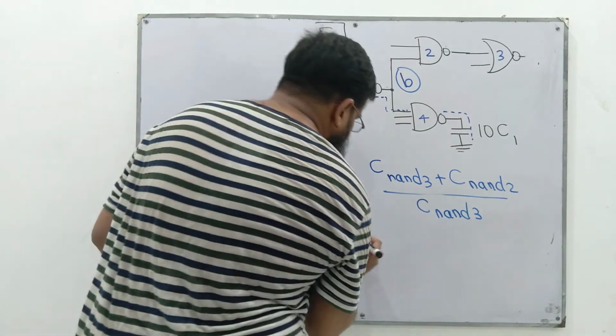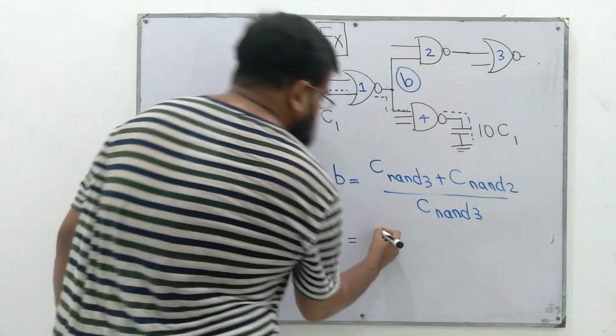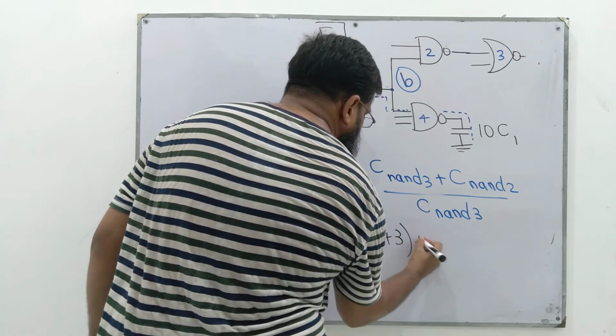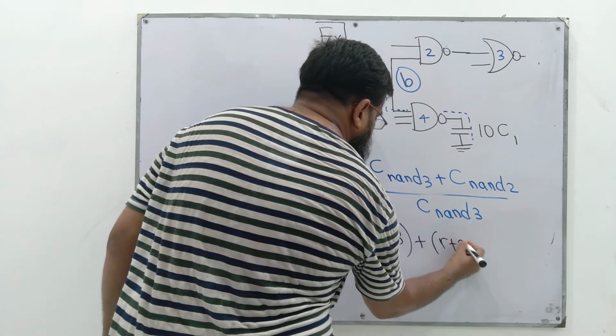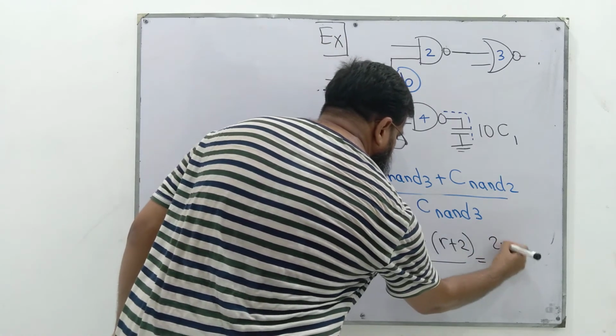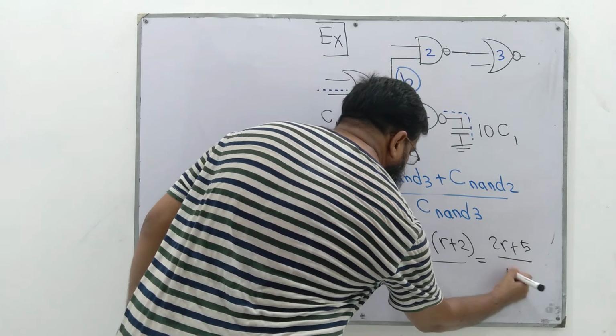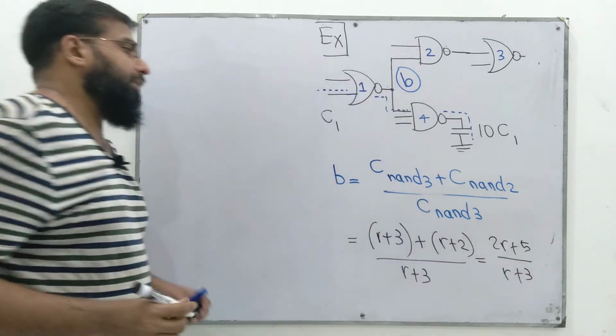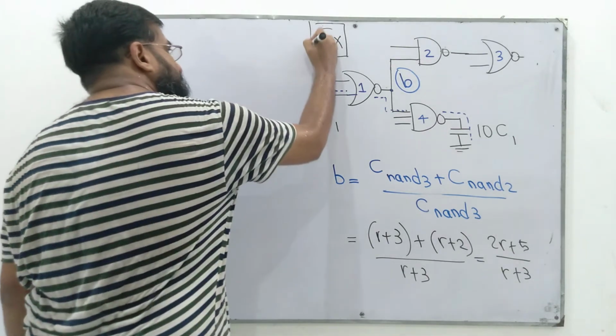So C of NAND 3, we know this is R plus 3, plus C of NAND 2, which is R plus 2, over R plus 3. So this is 2R plus 5 over R plus 3.